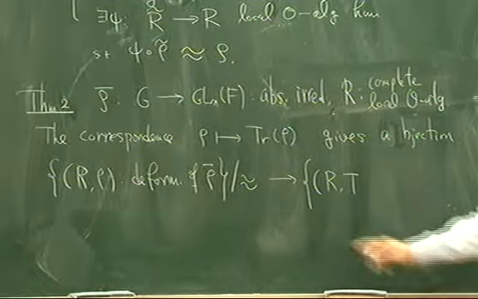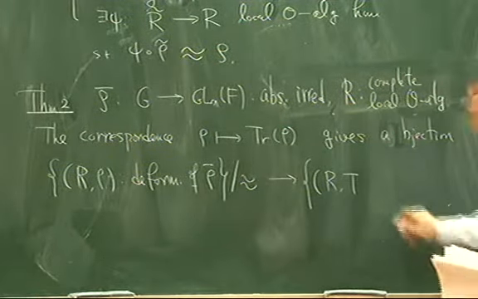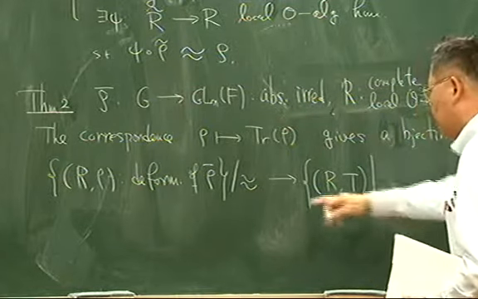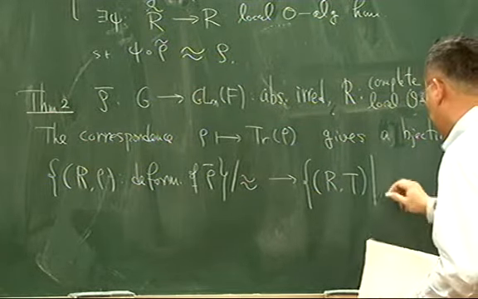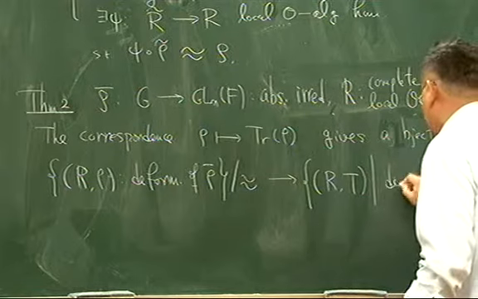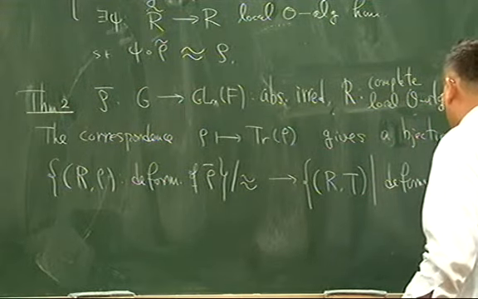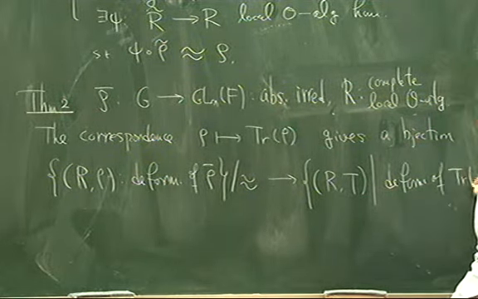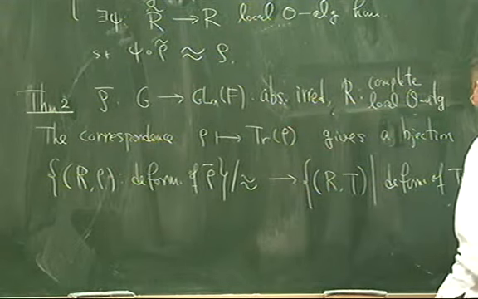Then the map given by trace gives a bijection from the deformations of rho bar to the deformations of the trace of rho bar over R.